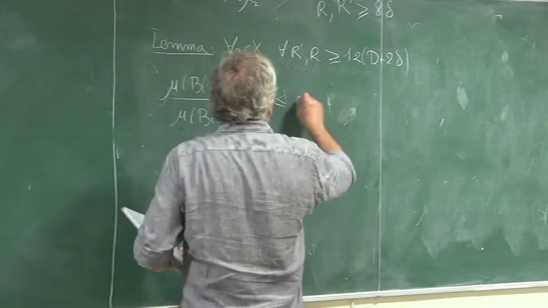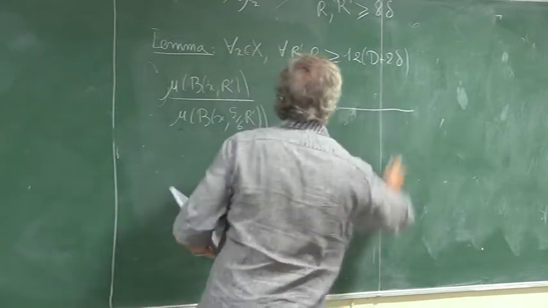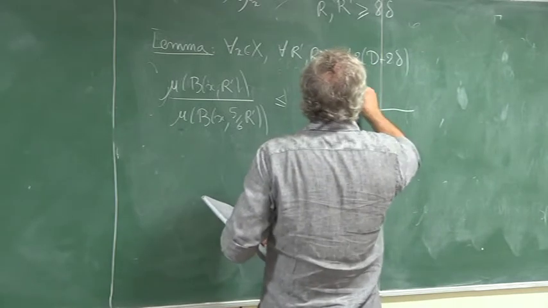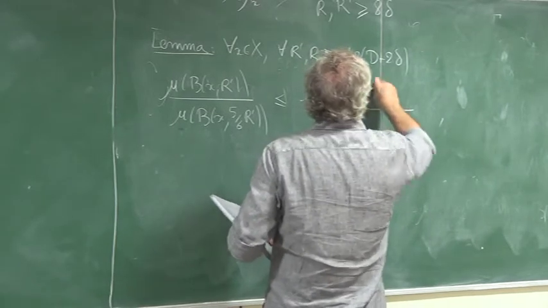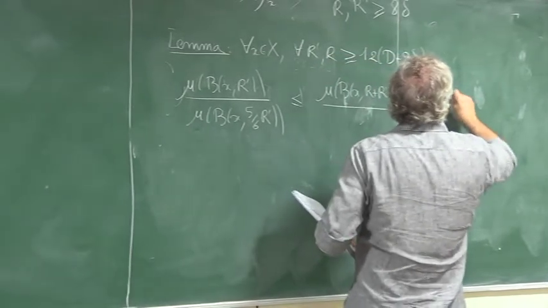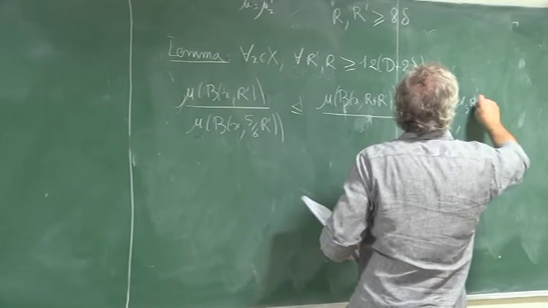Then this is controlled by measure of annuli. In particular, the measure of B of X, R plus R prime, minus the measure of the ball centered at X of radius R minus 1/2 of R prime.